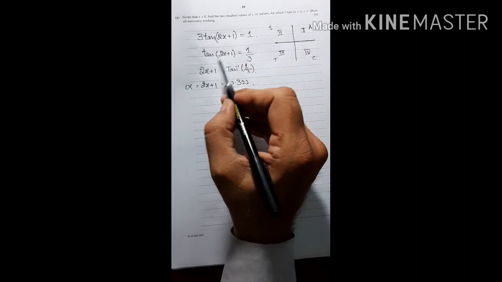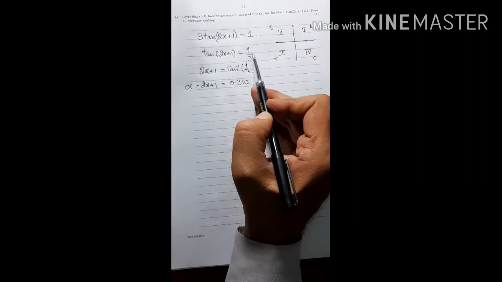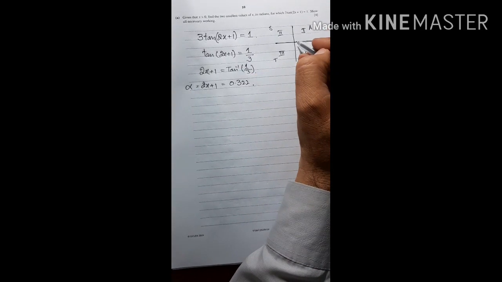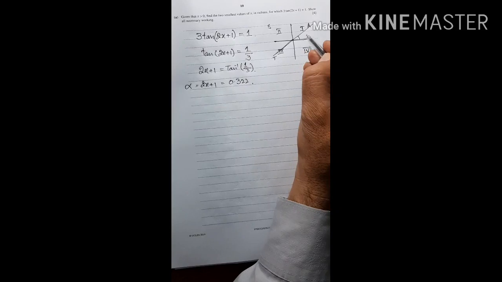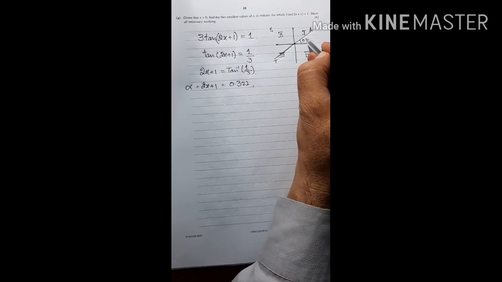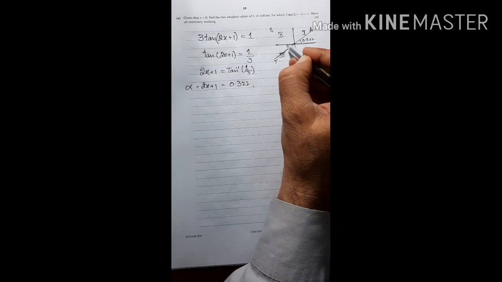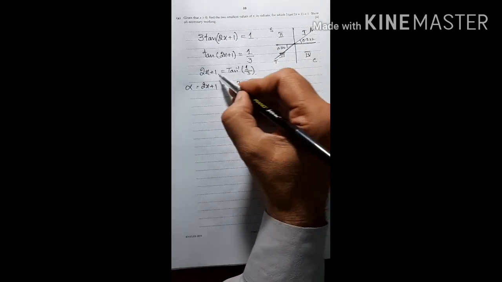So now you can see the tan is positive. It means our angle can be in the first or third quadrant. So this is 0.322, this is 0.322. These are our alphas.